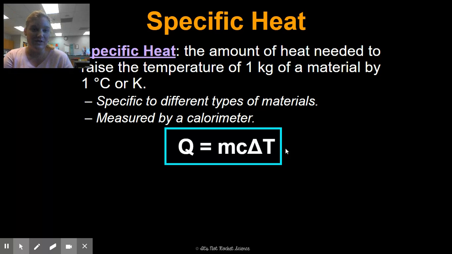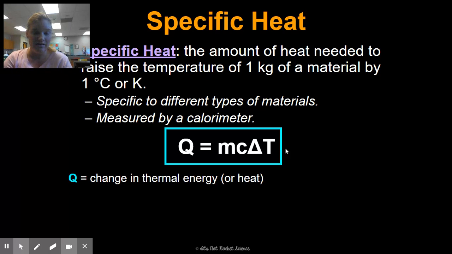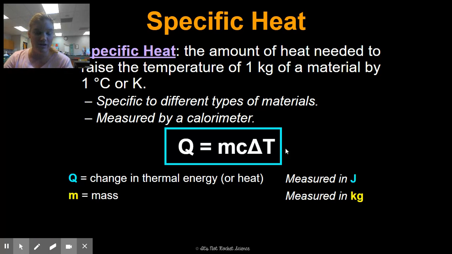So what we're going to use instead is our equation, and that's Q equals mcΔT. And that's not exactly what it means. The Q stands for our heat, or a change in our thermal energy. So how much heat or how much extra thermal energy we have to put in or take out of something, measured in joules. The m is mass, measured in kilograms.